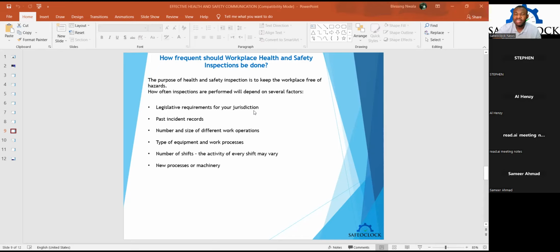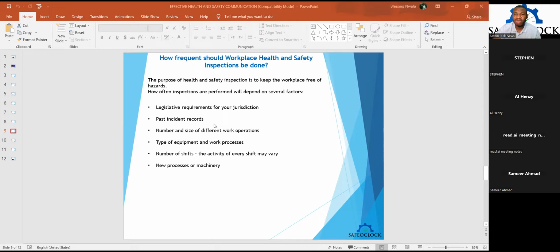Increasing the frequency would help you spot hazards you were not able to spot before, identify the underlying causes, and put control measures in place to reduce the accidents or incidents occurring in your workplace.